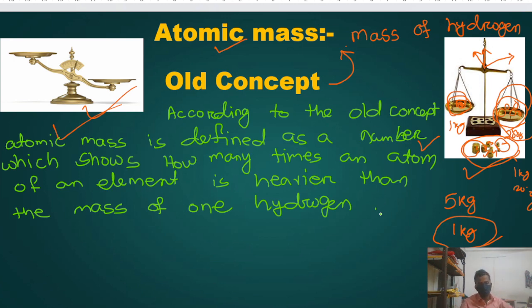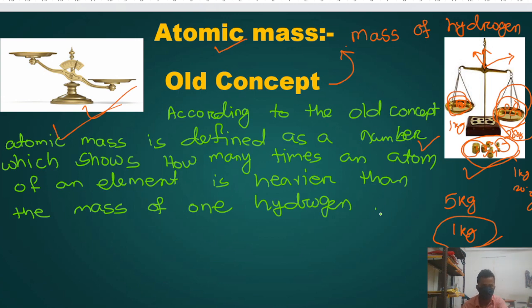According to the old concept, the atomic mass of an atom of an element is defined as a number. It means atomic mass is nothing but a number which shows how many times an atom of an element is heavier than the mass of one hydrogen atom.